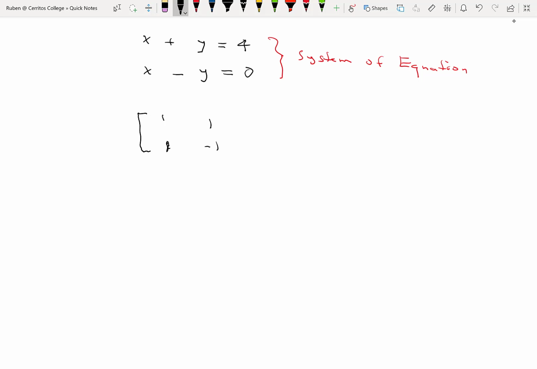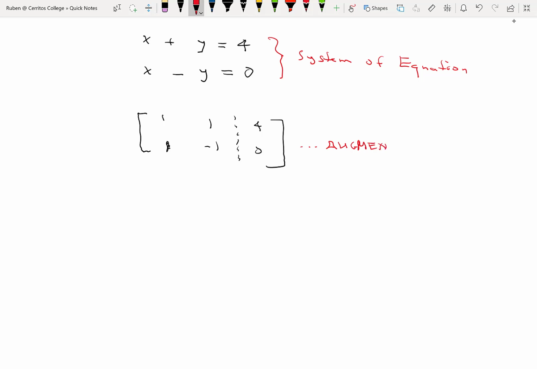We can construct from our system a rectangular array of numbers, a box of numbers. This rectangular array of numbers is called a matrix. In fact, this specific matrix is called the augmented matrix for the system.